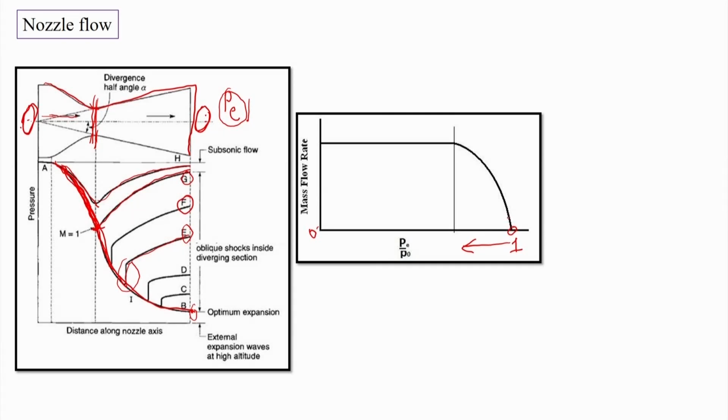At state 1 there is zero mass flow rate going through the nozzle, but if we decrease the exit pressure slightly, we have increased the mass flow rate of the nozzle.